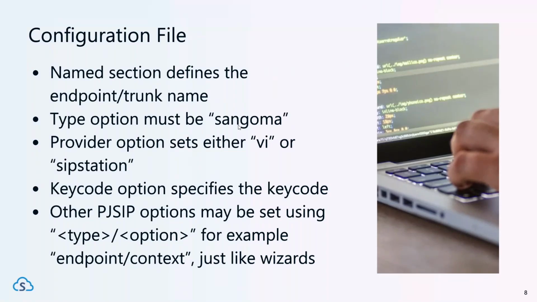Provider option sets either VI or SIPStation, depending upon which of our trunking services you're actually using. Key code option specifies the key code, and then just like wizards, you can specify all the other options that are relevant. Most relevant being endpoint/context, so that your incoming calls go to the correct dial plan context.